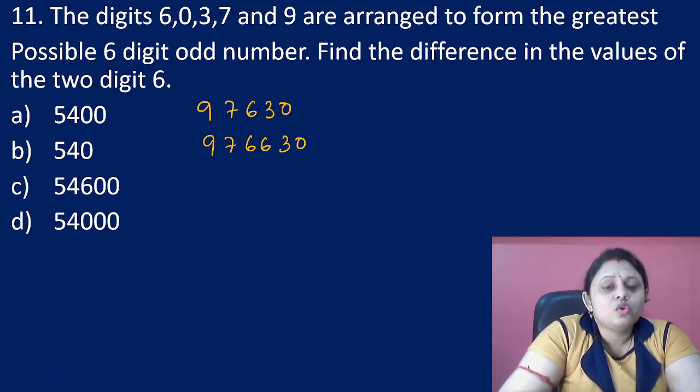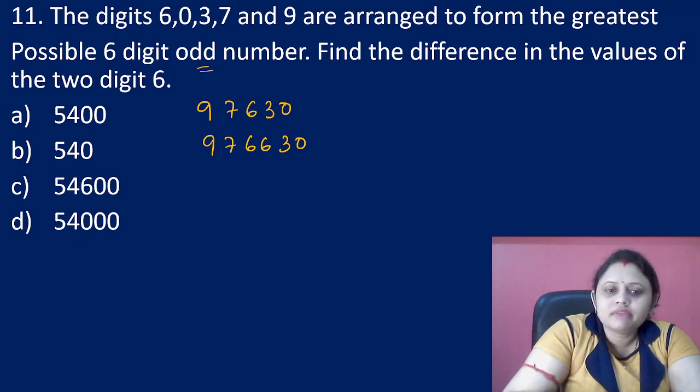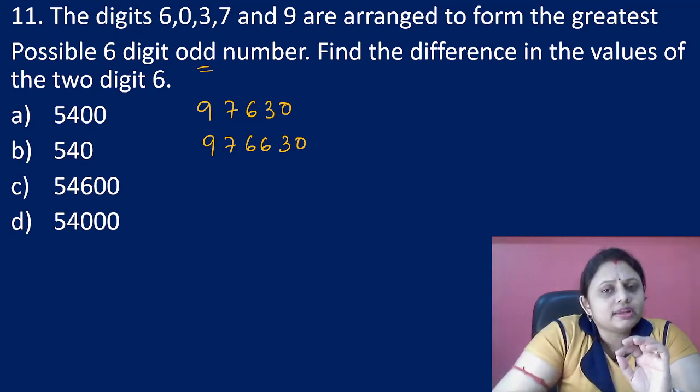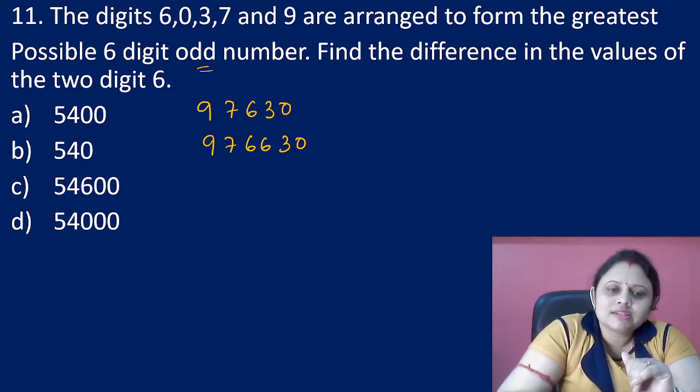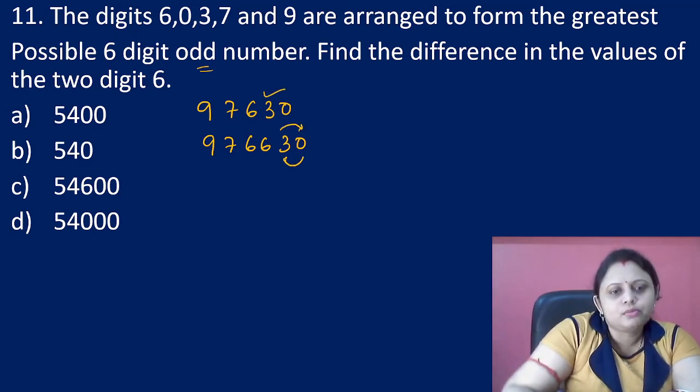But once again, what is the problem? We need an odd number. If 0 is at the end, it is no longer odd, it will be an even number. Simply we will find the smallest odd digit present over here. What is that? 3 is the smallest odd digit. We simply need to change the position.